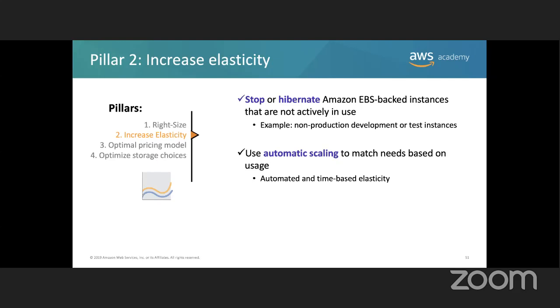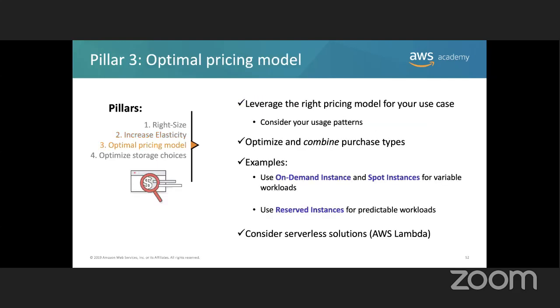That's a non-production EC2 instance. You can use automatic scaling to match your needs based on the usage, and you can automate this process. You can leverage the right model for your use case. Consider your usage patterns, optimize and combine purchase types. Like I told Florentina, you can use on-demand instances and spot instances for variable workloads.